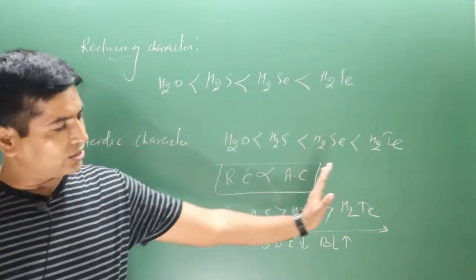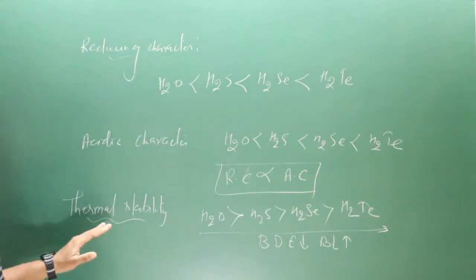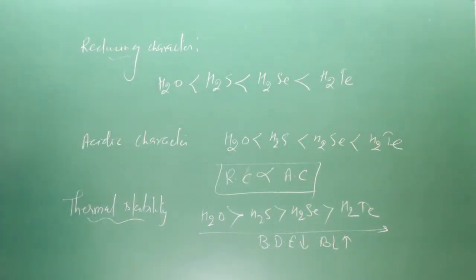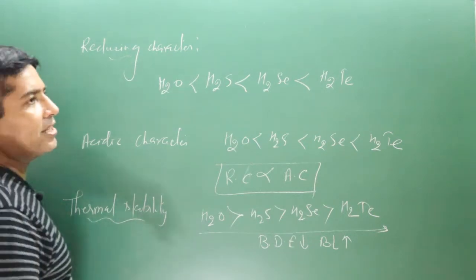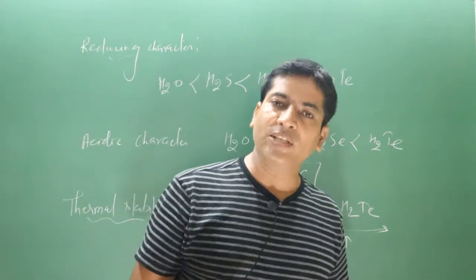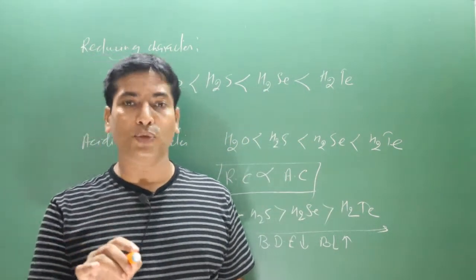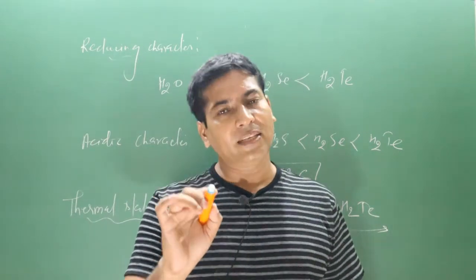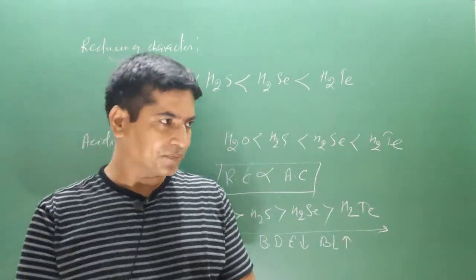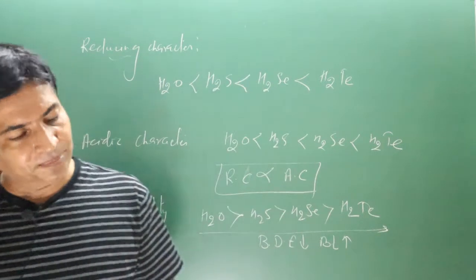So that is how thermal stability also decreases, because thermal stability is directly proportional to bond dissociation enthalpy. The higher the bond dissociation enthalpy, the higher the thermal stability. Okay, move on to the next property.